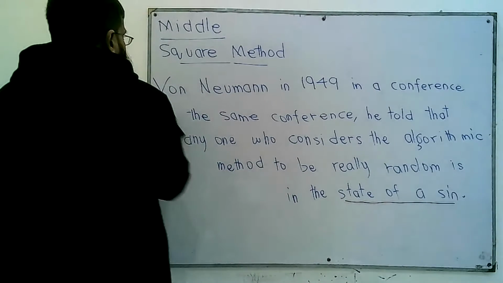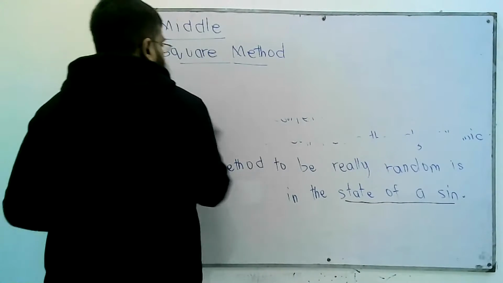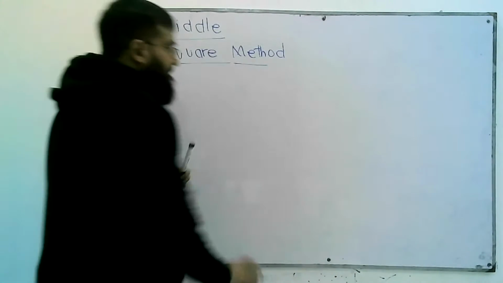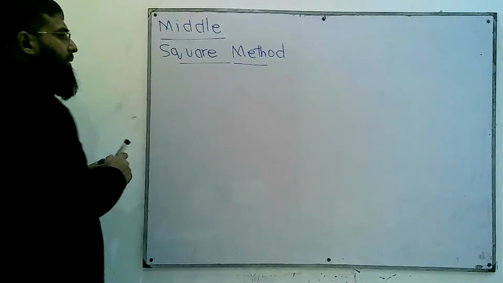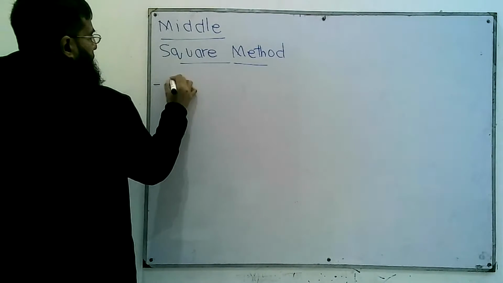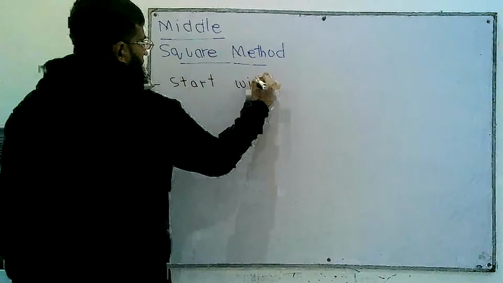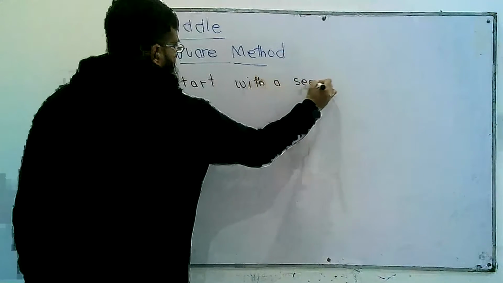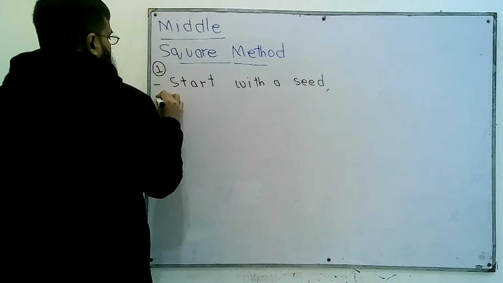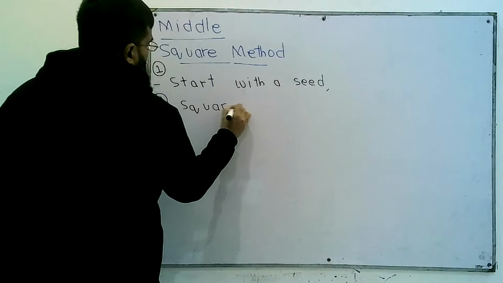ठीक है. तो von Neumann का मेथड था क्या? von Neumann का मेथड ये था. उससे कहता कोई भी नंबर ले लें. फॉर एग्जाम्पल, start with a seed. और बहुत ही आसान था.